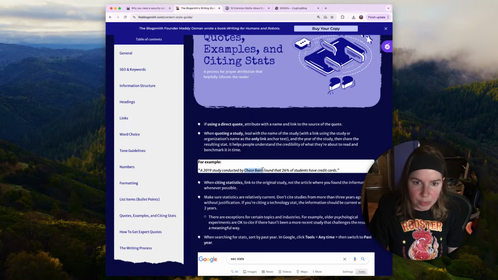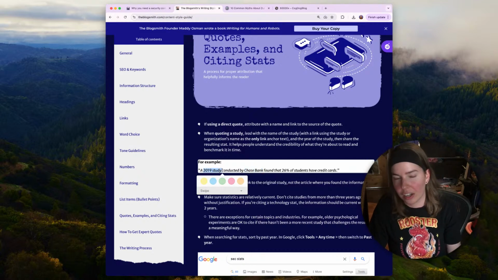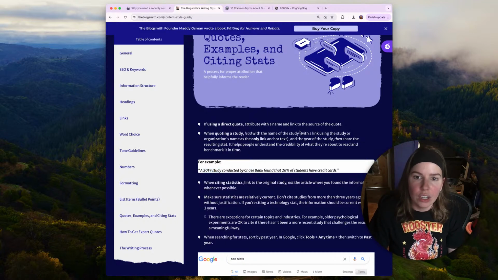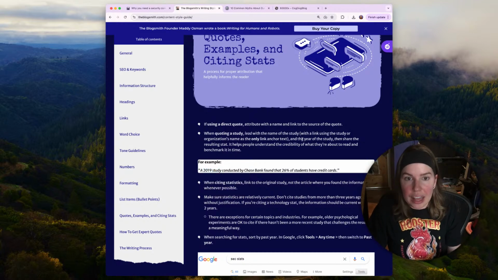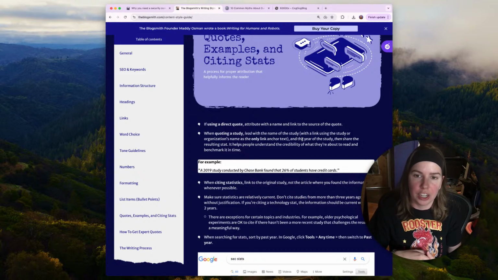Something like Chase Bank would be the link anchor text, or a 2019 Chase Bank study, for example. Then the year of the study, then share the resulting stat. It helps people understand the credibility of what they're about to read and benchmark it in time. So hopefully that's useful to you.